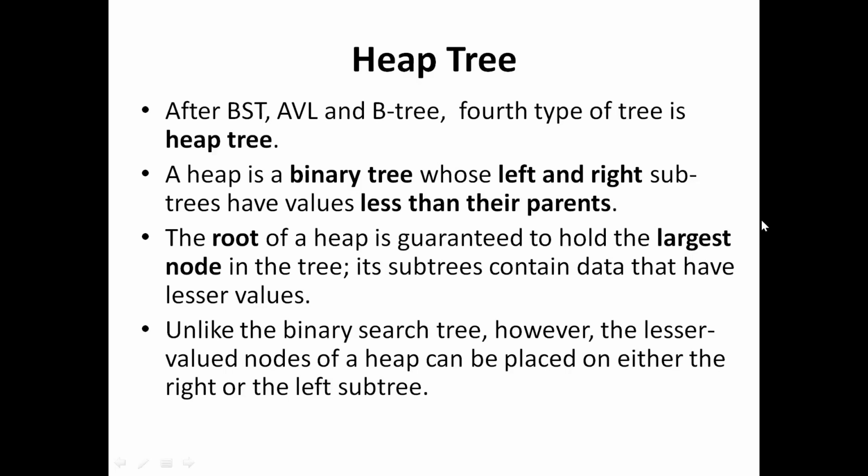If you compare this with the binary search tree, in a binary search tree the parent will be greater than the left, but can be equal to or less than the right. That is the characteristic of a binary search tree. But in a heap tree the parent will be greater than or equal to the left and right child. So that is the difference between the heap tree and the binary search tree.